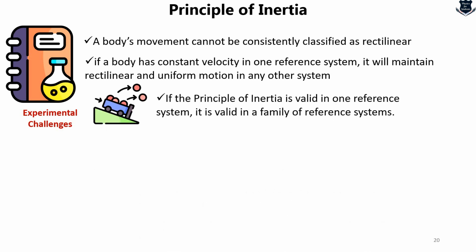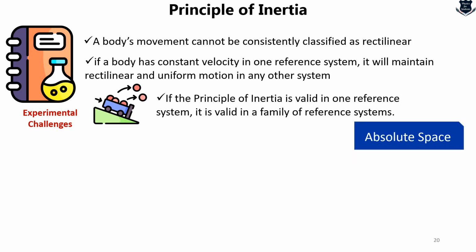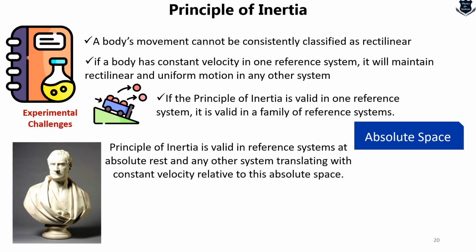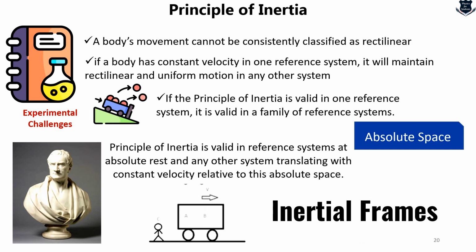So if the principle of inertia is valid in one frame of reference, it will be valid in a family of reference systems, and this family is identified by what is called absolute space. Newton proposed that the principle of inertia is valid in reference systems at absolute rest and in any other system translating with constant velocity relative to absolute space. And these reference systems are termed inertial frames, privileged due to their consistent motion in absolute space.